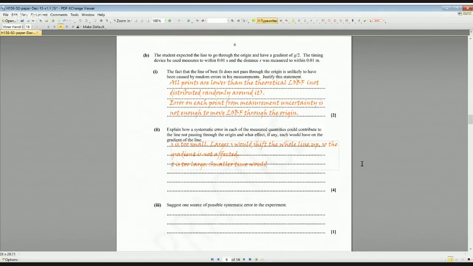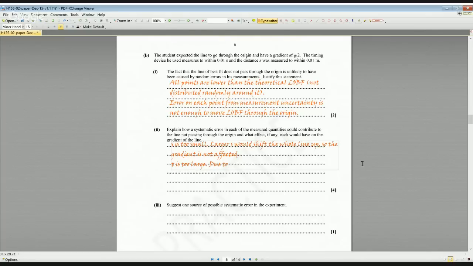But the effect of a smaller time would, how do I phrase this? Because time is being squared, the larger the values of time, the more the effect of squaring it will be. So you don't get an even effect. You can try it if you want. If you went through that results table and changed them all by the same amount and squared them all, you'd see that the larger numbers would have a bigger effect on them than the smaller numbers.